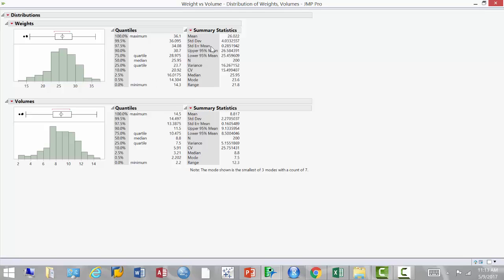Well, first of all, let's take a look at the mean, mode, and the median. So for the weights, the mean weight, and I'm guessing that's ounces, right, or something like that, 26 is the mean, 25.9, which essentially is 26, is the median, and my mode is 23.6. So they're fairly close to each other. What does that tell me about the form of the distribution?